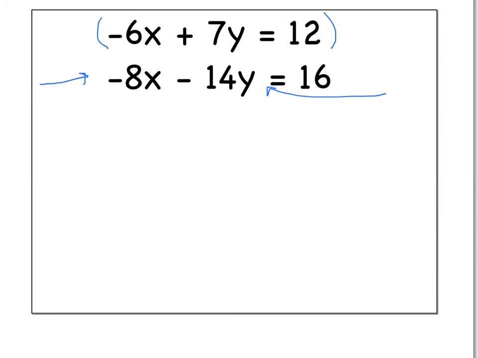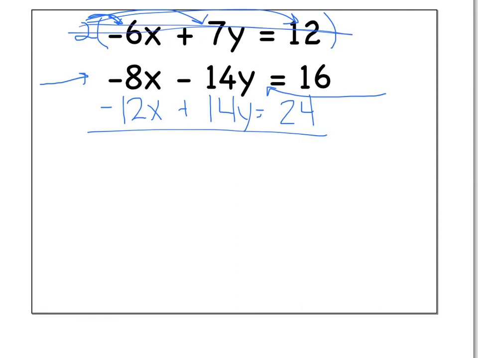In order to make it a positive 14y, I'd have to multiply everything on top by 2, so I'm going to do that. 2 times negative 6x would give me negative 12x, plus 2 times 7y would give me a positive 14y, and 2 times 12 would give me 24.